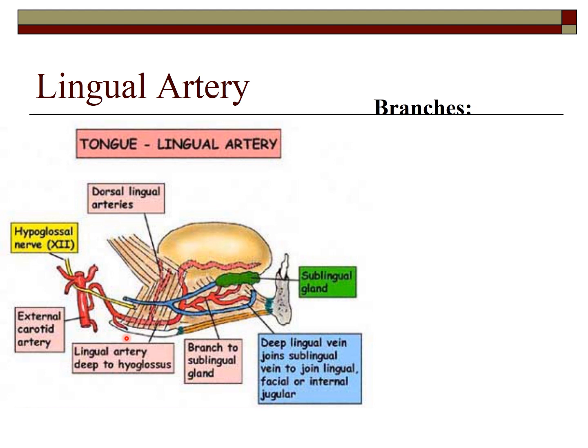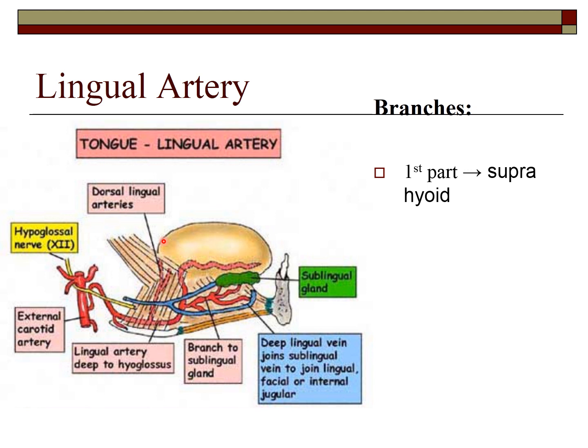This is the suprahyoid artery. From the second part, which is deep to the hyoglossus, there is the branch which goes to the dorsum of the tongue.